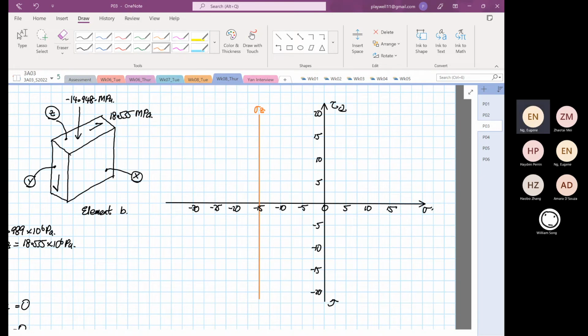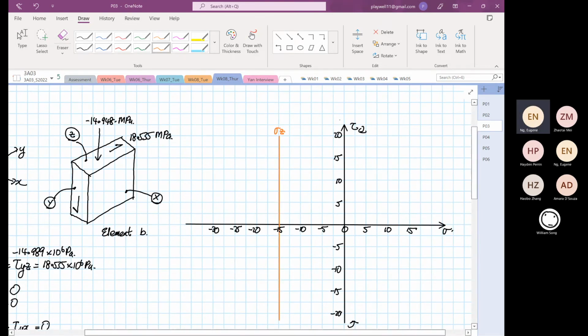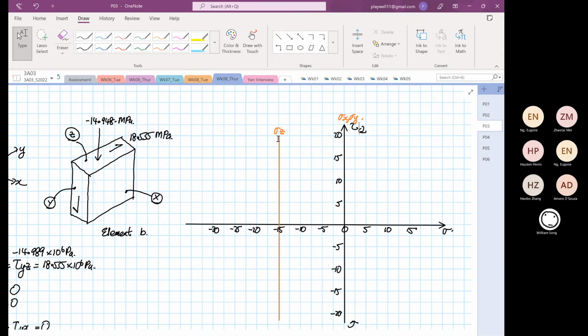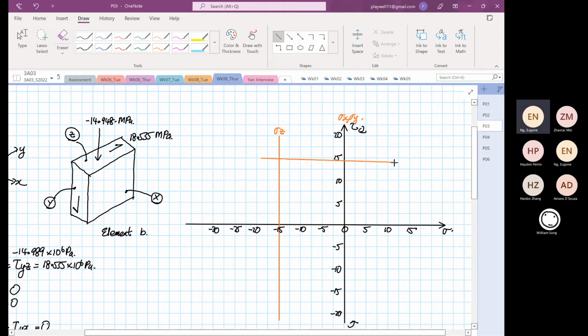And because our normal stress in X and Y have no stress, then we have 18.535. So somewhere around here.